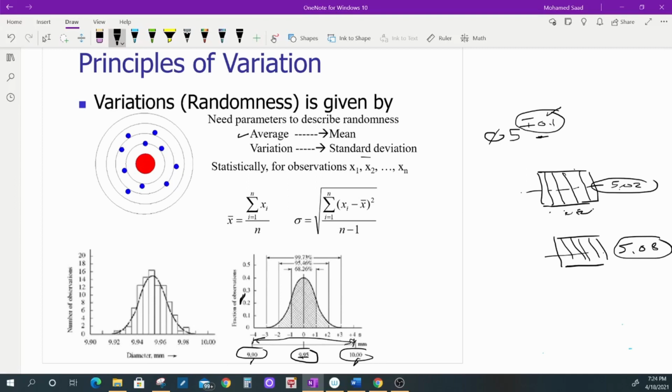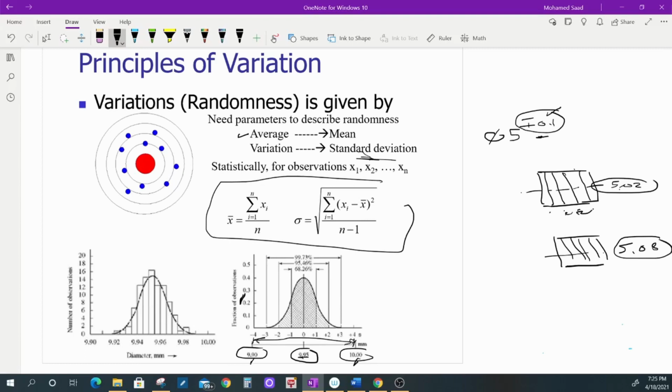But the commonly used representation of variation is the standard deviation, and we have mathematical formulas you can use. For the average, you just add the values that you measured together and divide by the number of pieces.